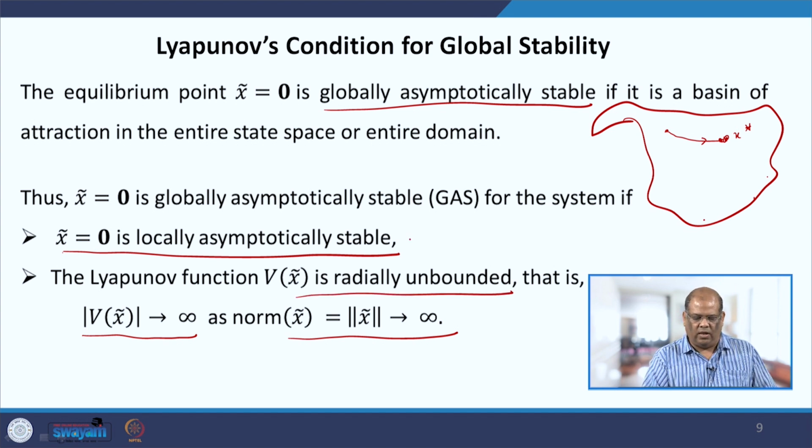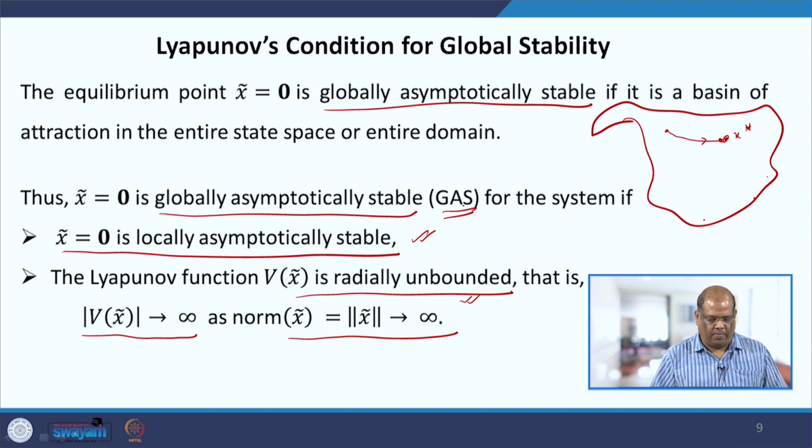If along with locally asymptotically stable, the function is also radially unbounded, then we say that x equal to 0 is globally asymptotically stable, in short, GAS. Now, let us take examples.